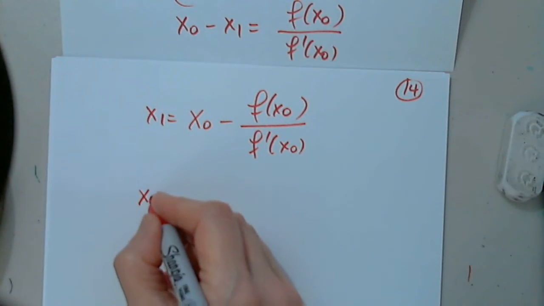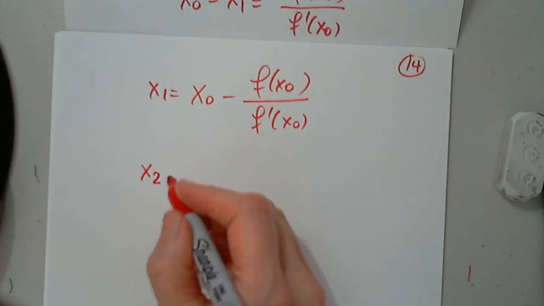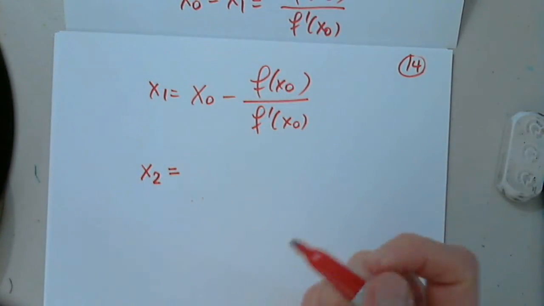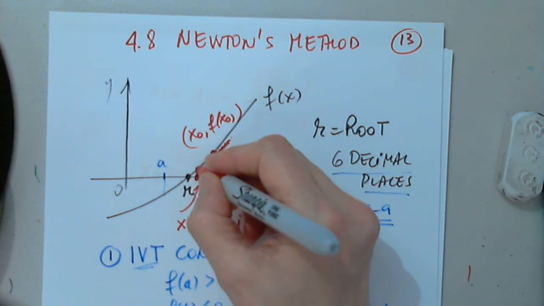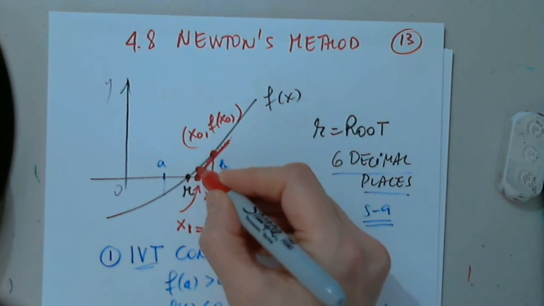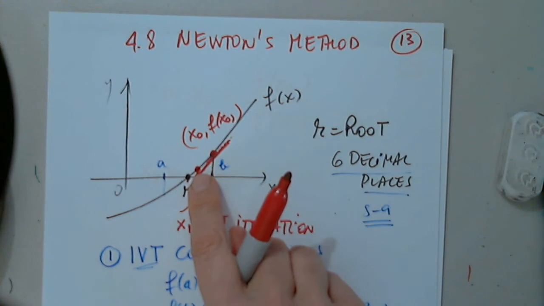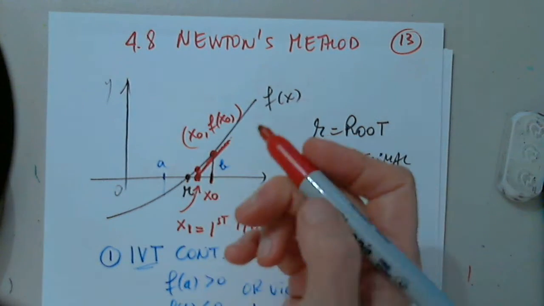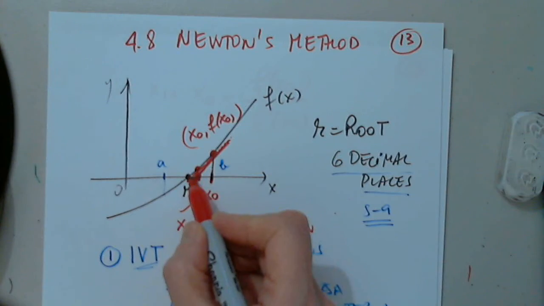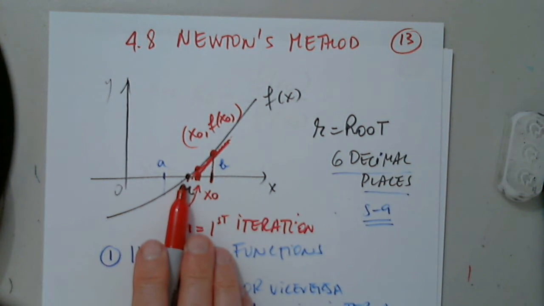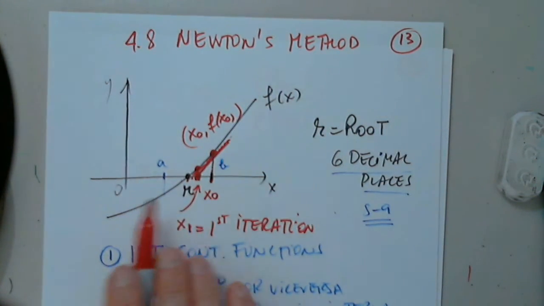Can anyone guess the second iteration? How do I get it? Well, I start at x1. I draw and I determine this point, which is x1 comma f of x1. I draw the tangent, and I get x2 even closer to r. And I repeat and repeat and repeat till I get to r.